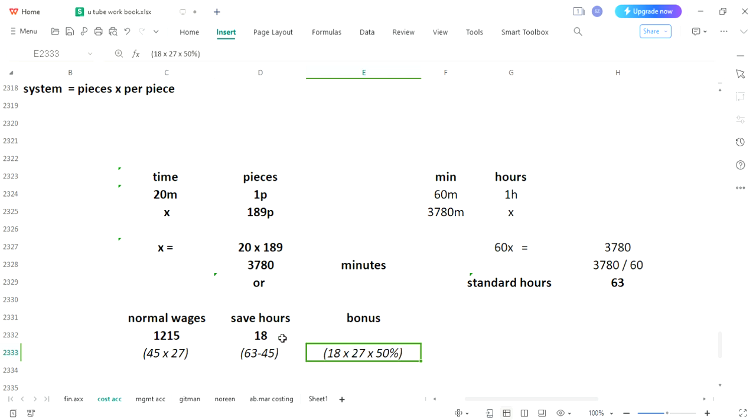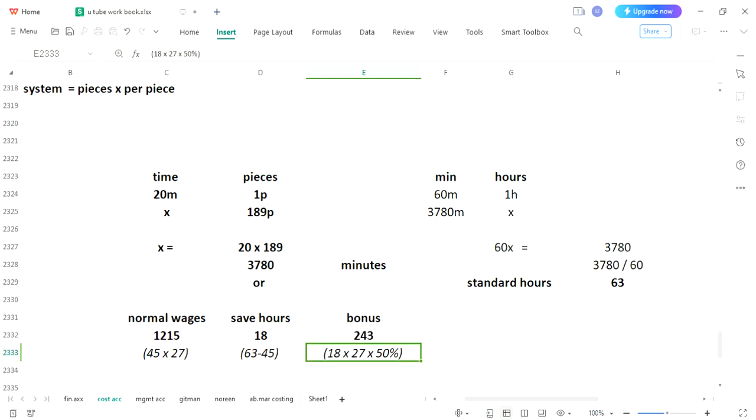18 hours were saved. For every hour 27 rupees are paid, but the total amount would not be paid as bonus, only 50%. So after writing our statement, we can calculate the amount: 18 multiplied by 27 and then multiplied by 50%. 50% means 50 divided by 100, you can write 0.5.